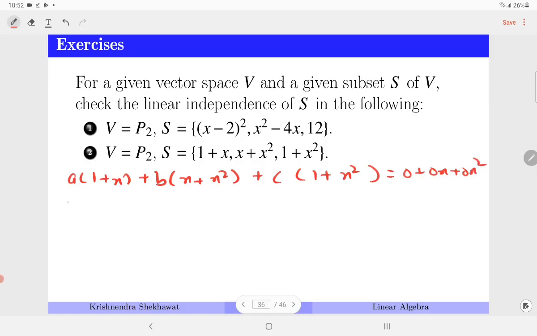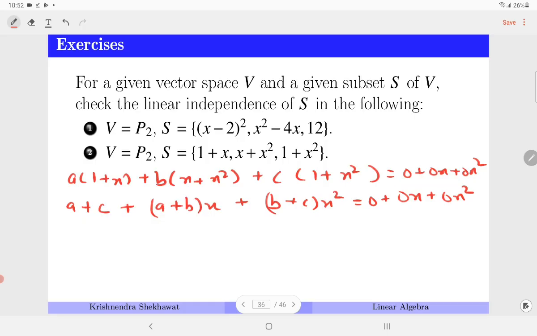If I simplify it, the constants give a plus c, taking x common it gives a plus b, and taking x square common it gives b plus c, equal to 0 plus 0x plus 0x square.